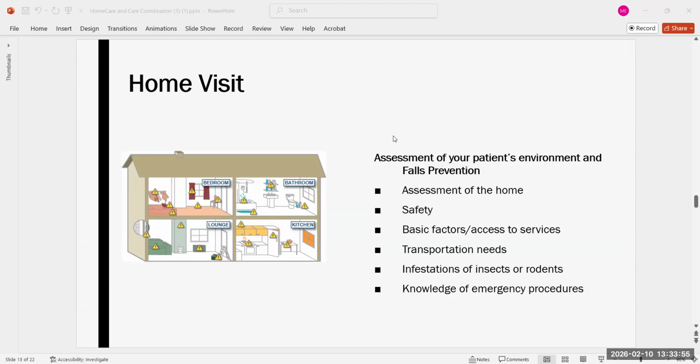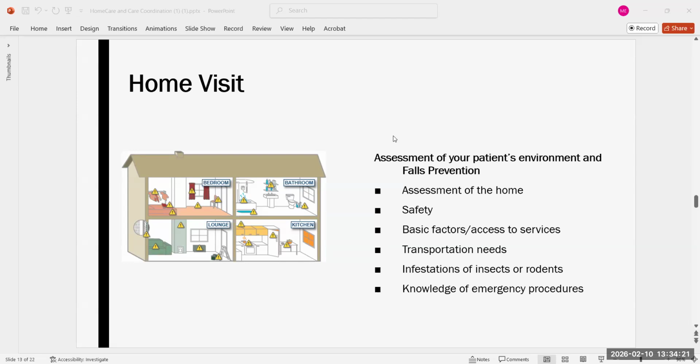What kind of lighting do they have? Is it appropriate and safe for them to move around? Is there clutter? Are there animals? What kind of hazards are there? Do they have safety devices within the bathroom or for ambulating as well? Our older adults have a very high risk for falls, especially with those other sensory deficits that can occur with age.